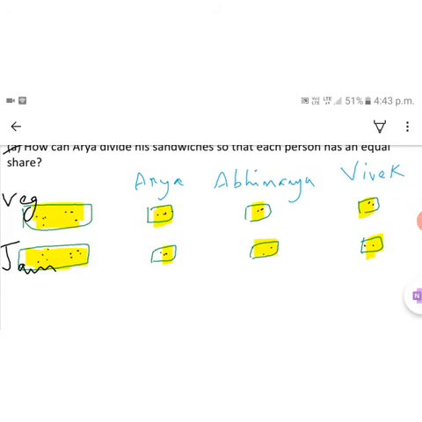Arya will divide both sandwiches into 3 equal parts. 1, 2, 3 equal parts. And give one part each to all of them.